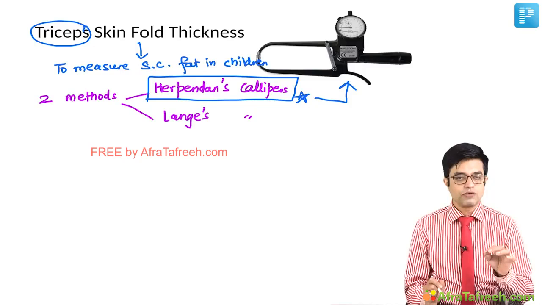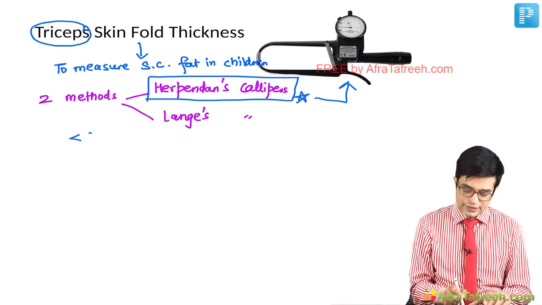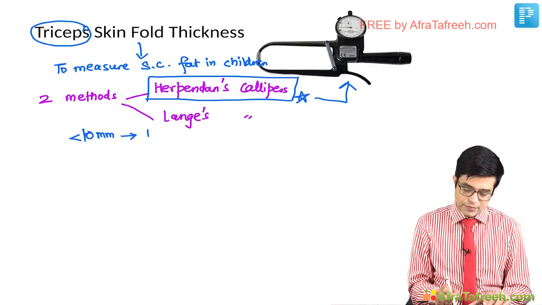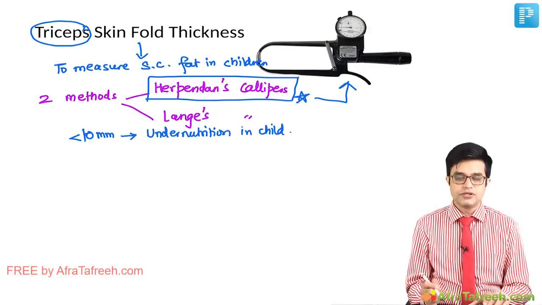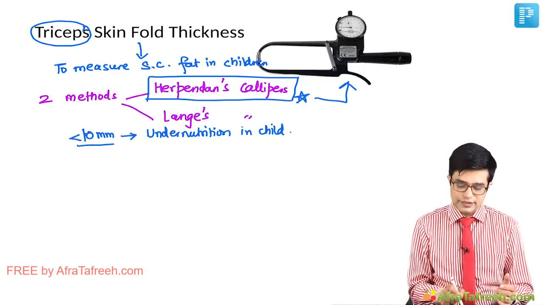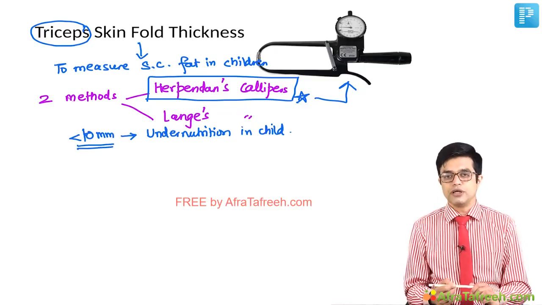Harpenden's calipers check for triceps skin fold thickness, and if it is found less than 10 millimeters, it indicates undernutrition in the child. But a better way is using the age related normograms rather than a single value. But in general, less than 10 millimeters is taken to be undernutrition in case of children.